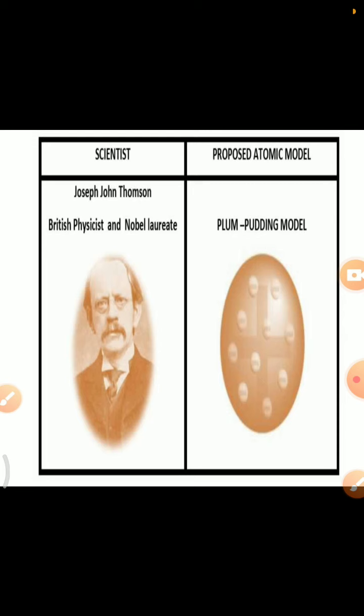During Christmas time in foreign countries there is a sweet dish called pudding, and by the name of that dish this model was named, the plum pudding model. Now let us learn what the main structure was.